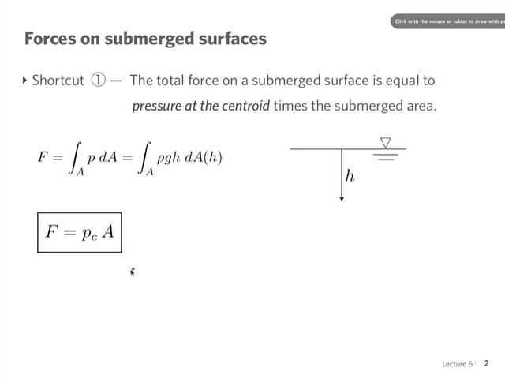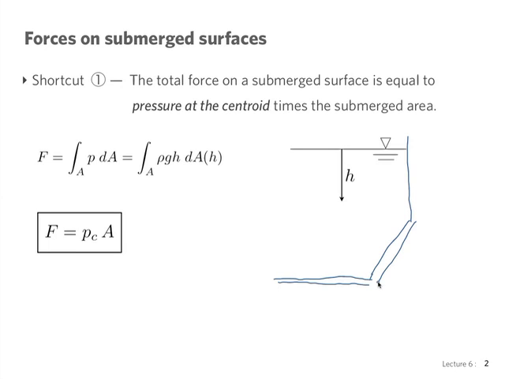So this is the simplified formula for the force on a submerged surface. For example, in this picture, the surface is indicated by this little triangle that indicates atmospheric pressure there. Suppose we have an inclined plate, so this is our wall, and we want to calculate the forces due to pressure here.